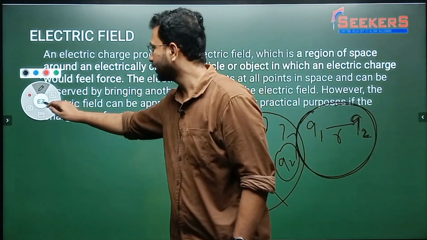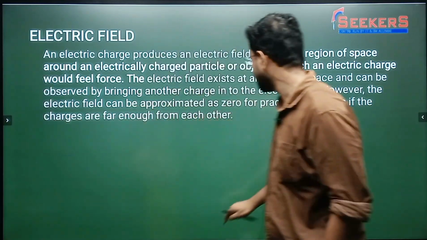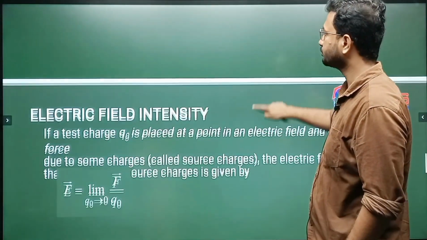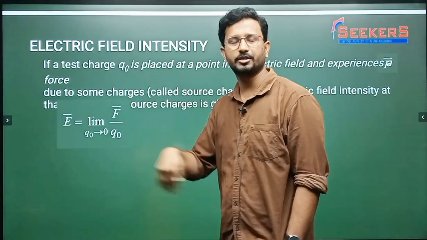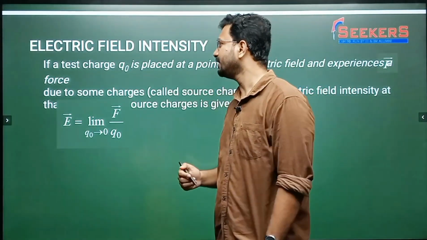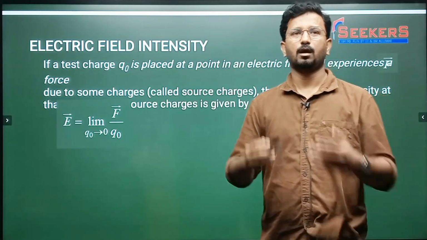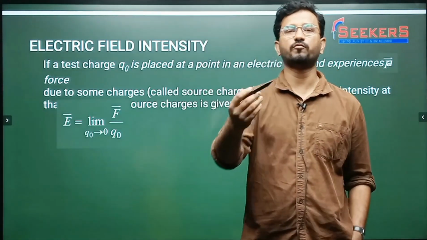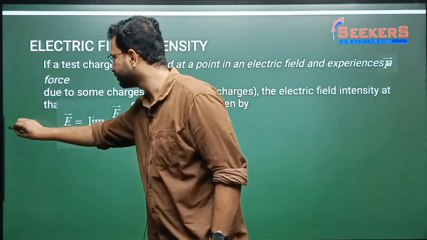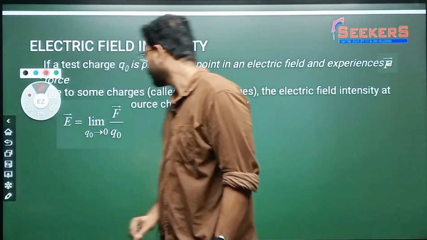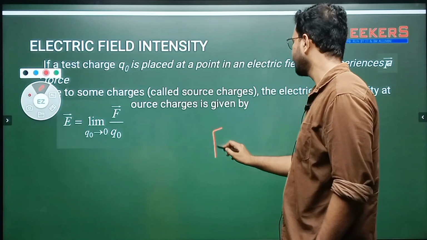Now coming to electric field intensity. There is a difference between electric field and electric field intensity. Electric field generally refers to the area. Electric field intensity means how much a charged particle can exert force on another charged particle. For example, we just discussed Coulomb's law, the force between two charged particles.